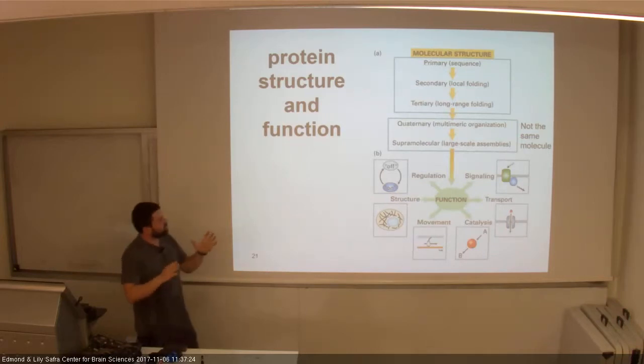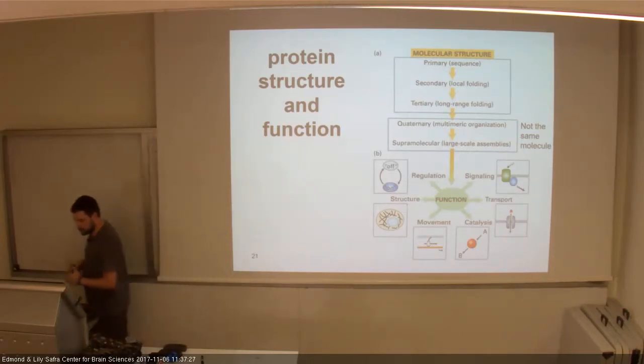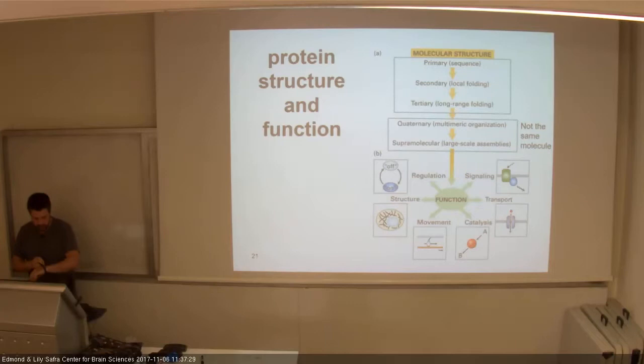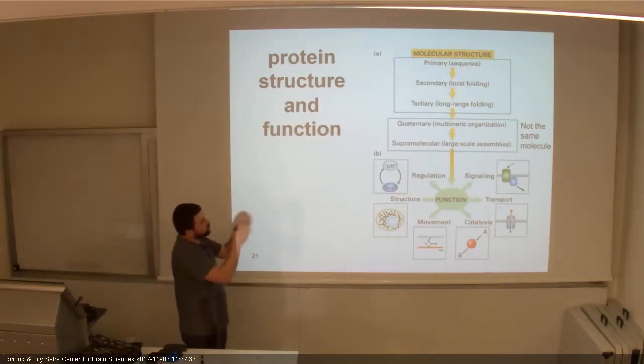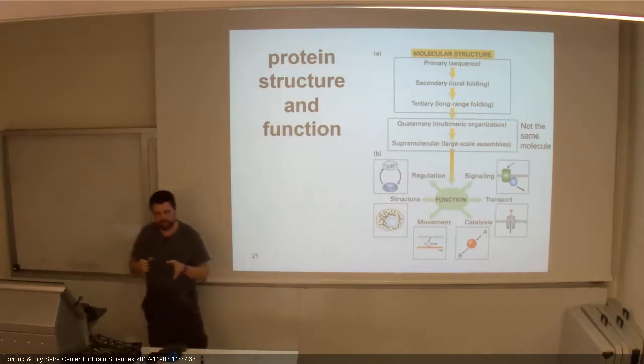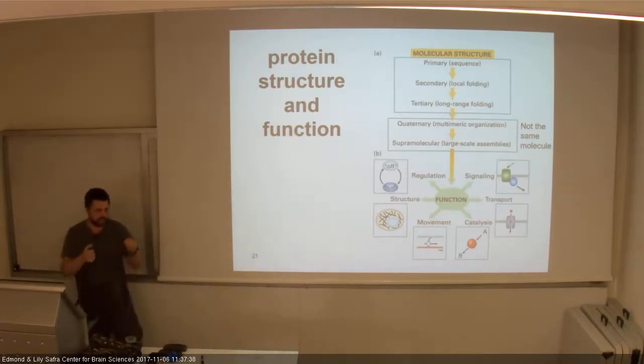Okay, so up until now, we talked about the primary, secondary, and tertiary structure, but we're always within the same molecule. What we define as the same molecule is that it's covalently linked.